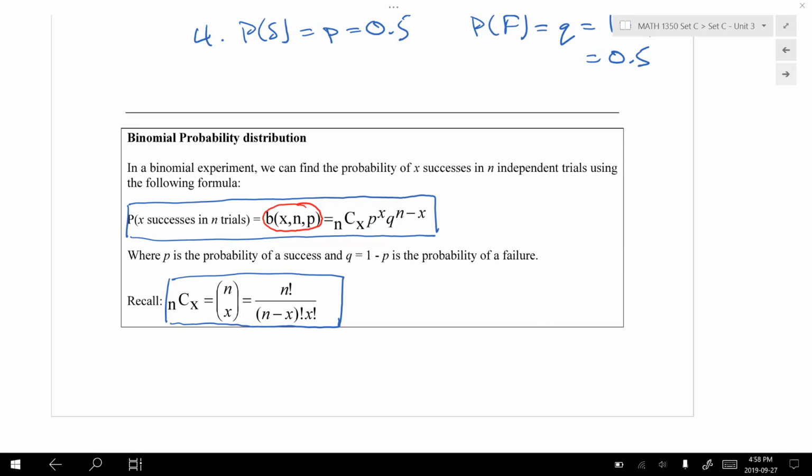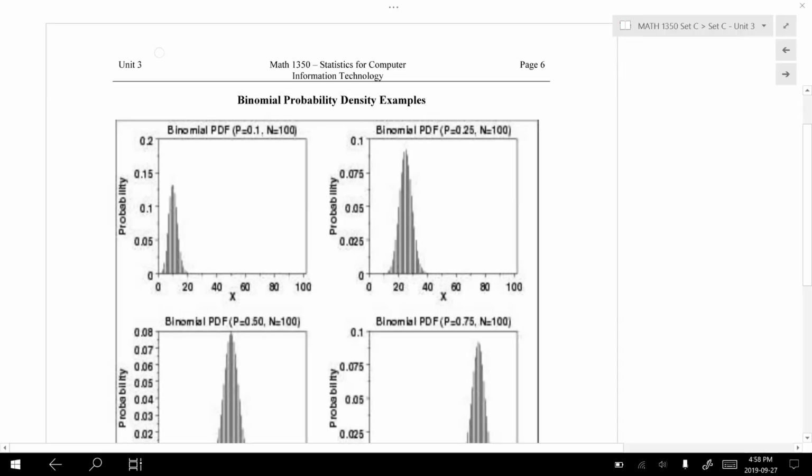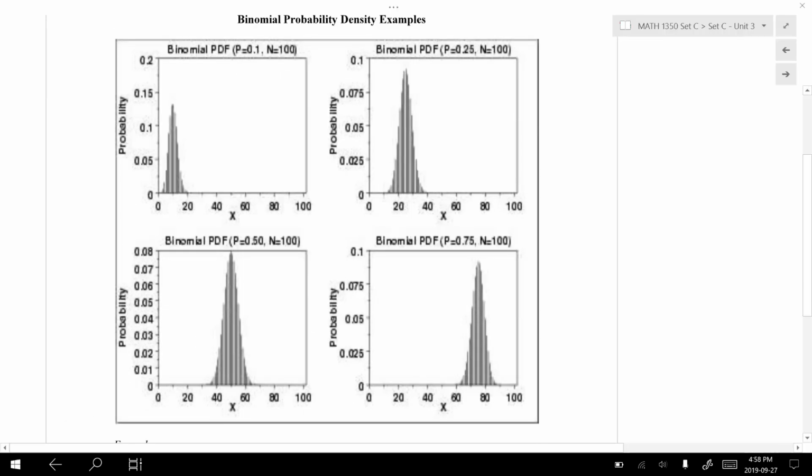Let's see a couple of pictures here on the next slide. So here are some examples of different binomial density distributions. These are each for different kinds of coins, different degrees of fairness. So here is p of 50-50. This here is a fair coin.